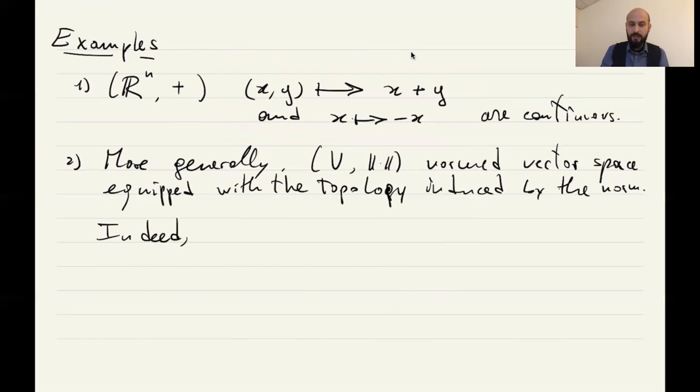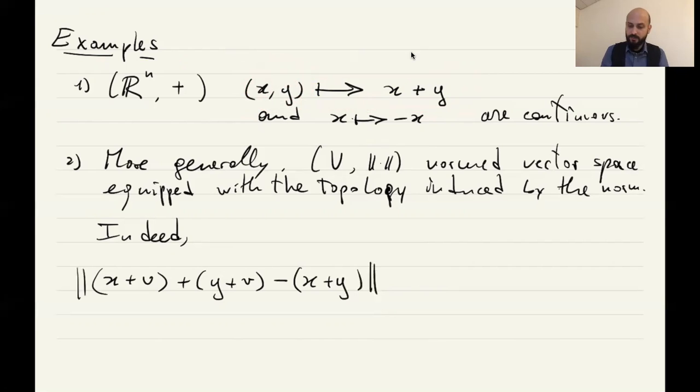Let's check the sum. So I take a pair x, y, and then I take increments u in x and v in y, and I take the difference. I take x plus u, and I sum y plus v, and then I see how different this is from x plus y.